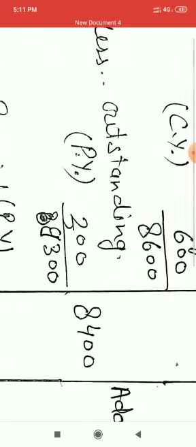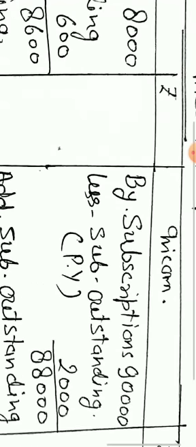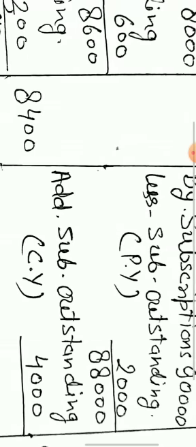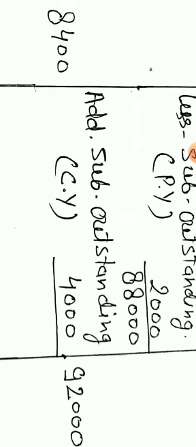8,400 in the amount column. Then go for the subscription. If subscription is given, then we present that subscription on the income side: subscription 90,000, less subscription outstanding previous year 2,000, 88,000, add subscription outstanding current year 4,000, then the total amount is 92,000.